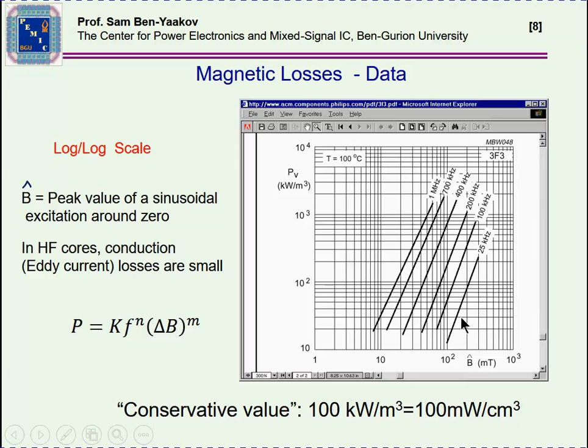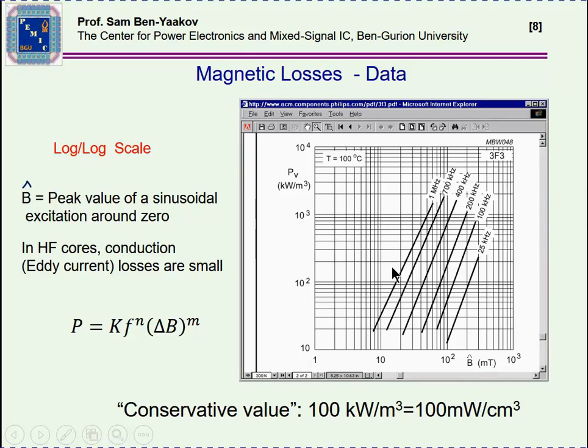These curves are given now for different frequencies, because frequency is the dominant parameter here. So this will be 25 kilohertz, 100, 200, etc., up to 1 megahertz for this particular material. This is for Ferroxcube company, and this is a 3F3 material, and all these are given for 100 degrees centigrade.